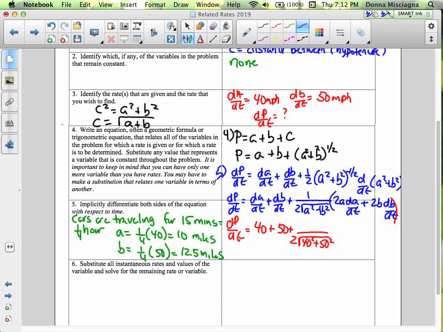All right, so 40 plus 50 plus, in the numerator, let's put 2 times 40 times, oh, excuse me, A is not 40. A is only 10, times 40, plus 2 times 12.5 times 50.